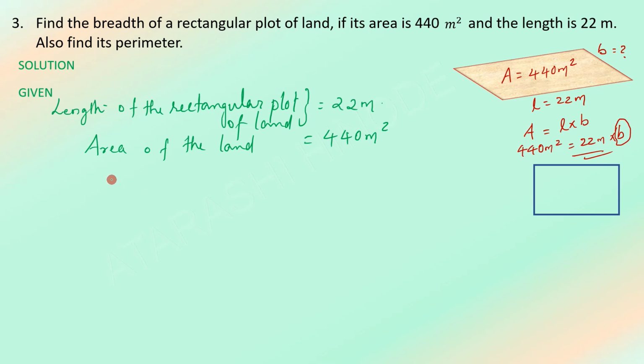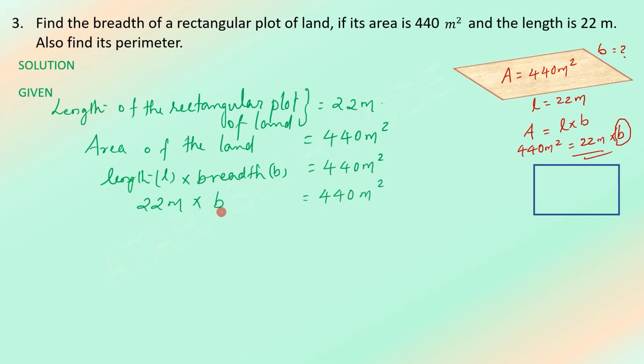Now here we have to write the formula for the area, that is length into breadth equal to 440 meter square. Here for length we can write the value, that is 22 meter into, for breadth that we have to find out, so write it as B, that is equal to 440 meter square.